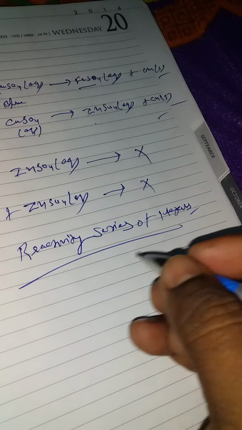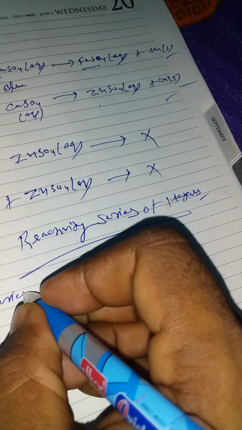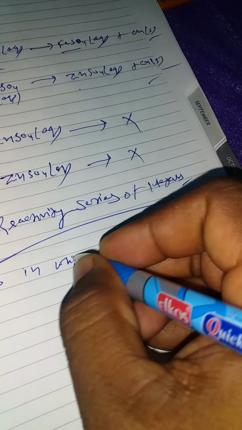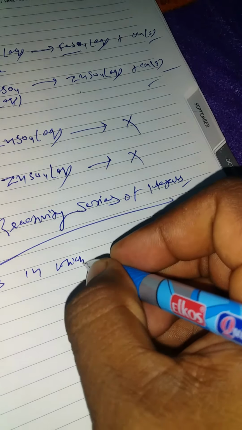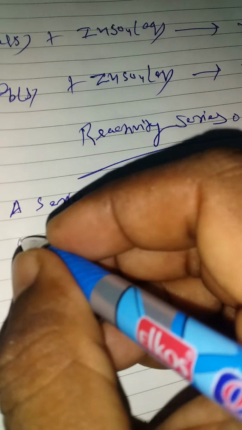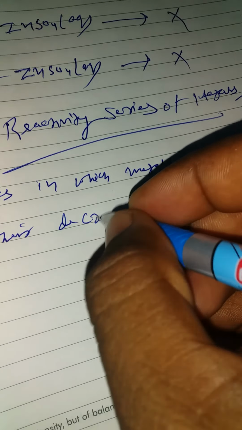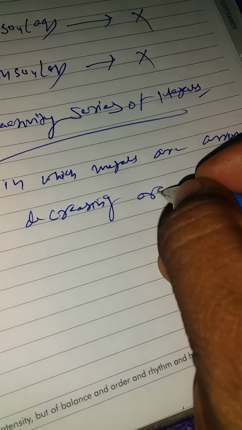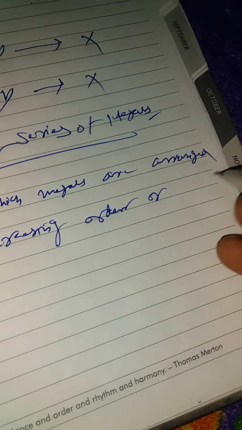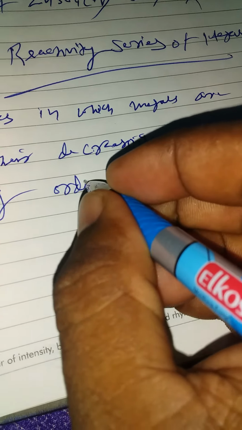Reactivity series: a series in which metals are arranged in their decreasing order or increasing order of reactivity.